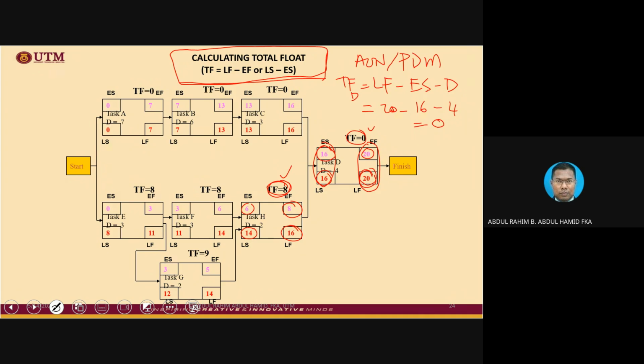Okay, so now we use this formula and we get all the total float values. See the total float values. And remember, when an activity has a total float value of 0, that activity is considered a critical activity.